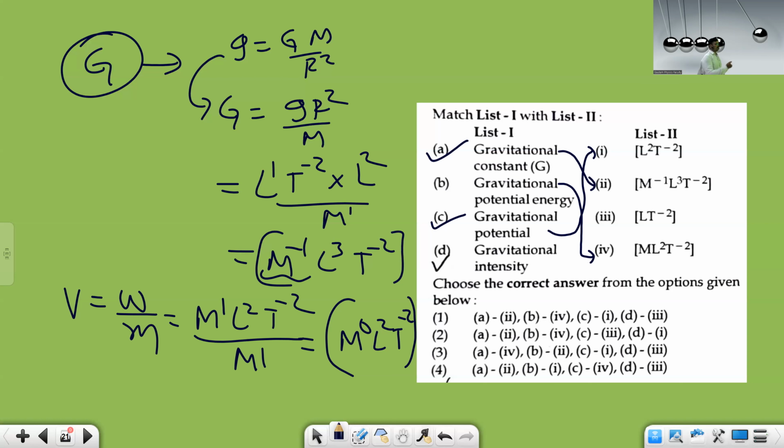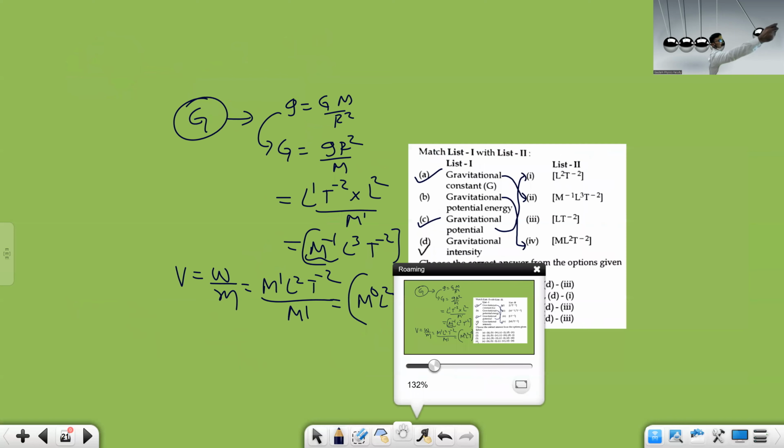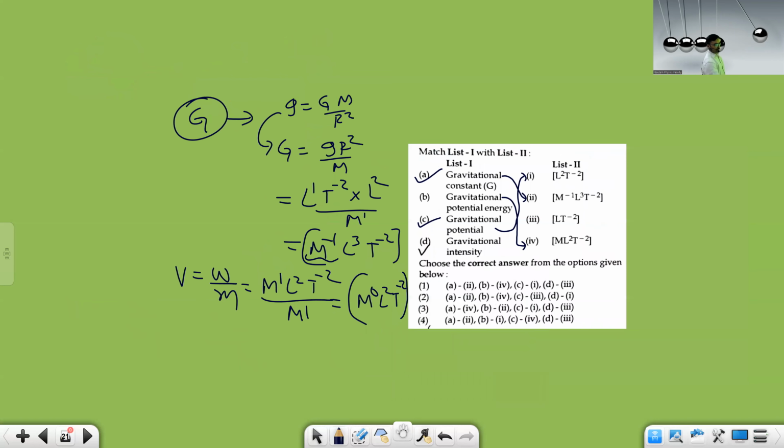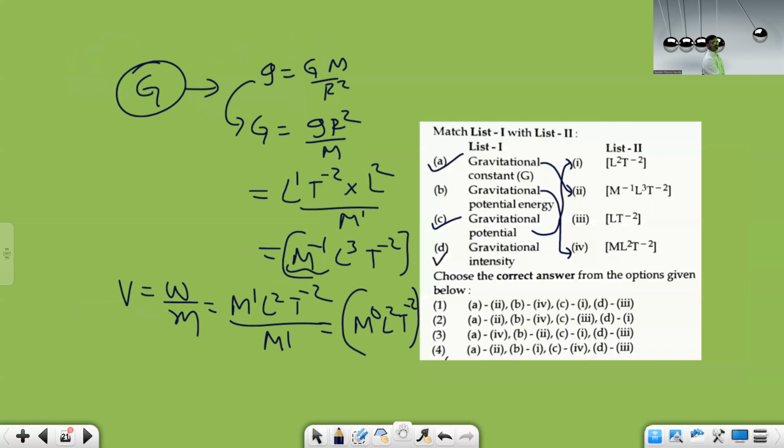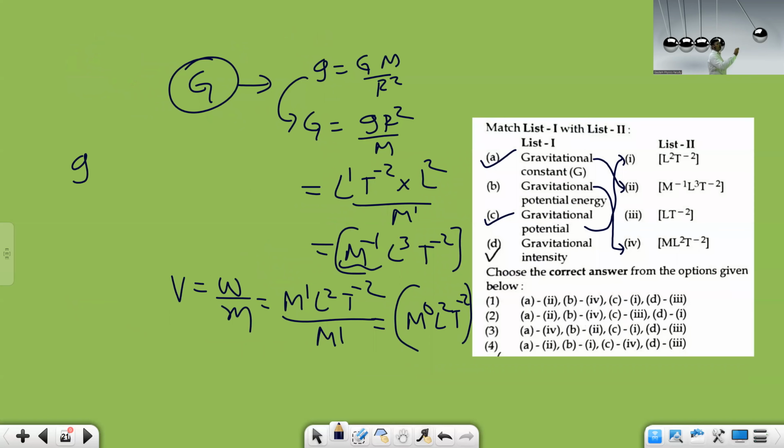The last one is gravitational intensity. We already observed gravitational intensity, and I hope you remember it. Small g is gravitational force by mass. One problem already came in NEET based on gravitation.